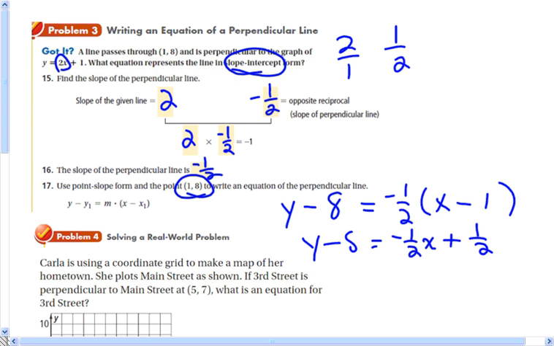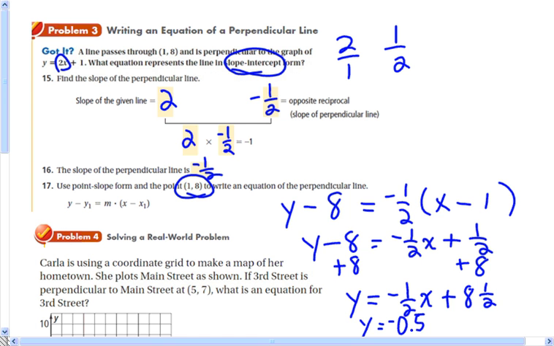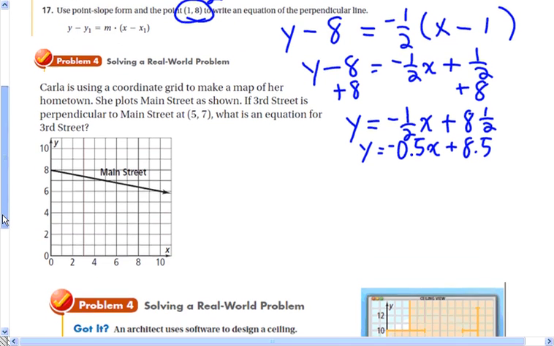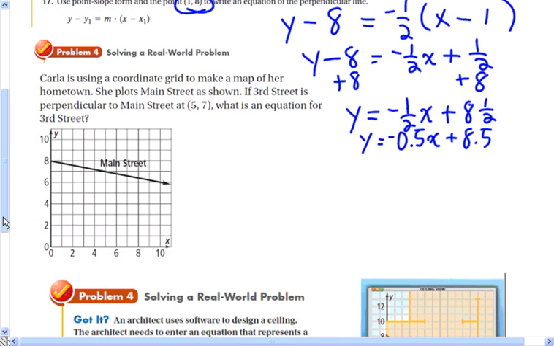And so we get that, and then to finish putting it into slope-intercept form, we're just going to add 8 to both sides, and we get y = -1/2 x + 8.5. And if you want, that makes pretty nice decimals that don't repeat, so we can just put y = -0.5x + 8.5 as our equation.